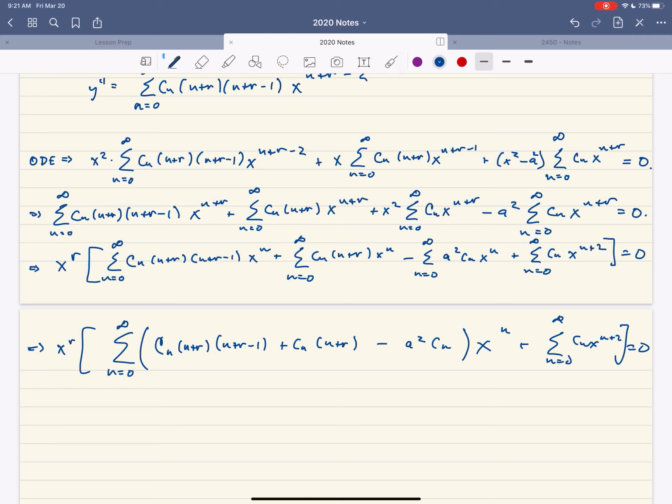And then when n is equal to 0, notice that this will give us a constant term. And when n is 1, our smallest term there, that'll give us a squared term. So I'm going to peel off the n equals 0 and n equals 1 term from the first sum. And when n is equal to 0, what we're going to get is c0 times... I'm actually just a little bit annoyed by the fact that I didn't factor this, so let me go ahead and factor this.